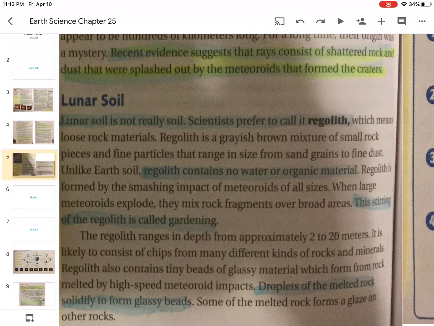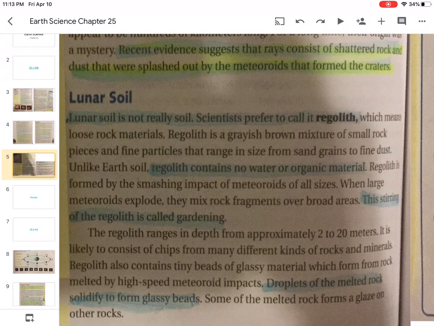Scientists prefer to call it regolith, which means loose rock material. It is a grayish brown mixture of small rock pieces and fine particles that range in size from sand grains to fine dust. Unlike Earth soil, it does not contain any water. Regolith is formed by the smashing impact of meteoroids of all sizes. When large meteoroids explode, they mix rock fragments over broad areas.